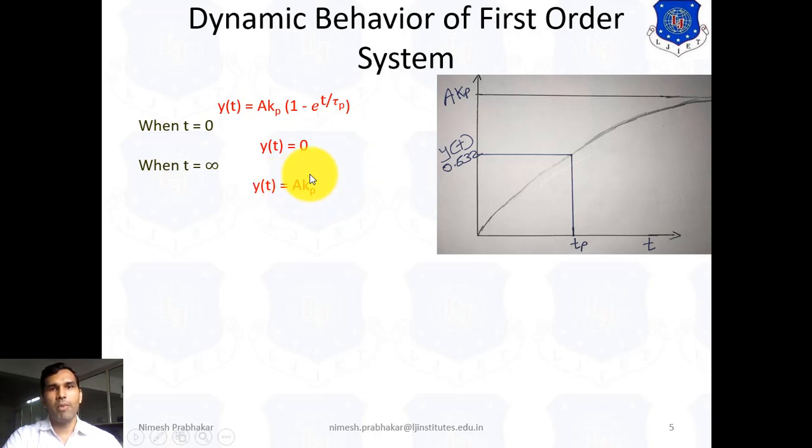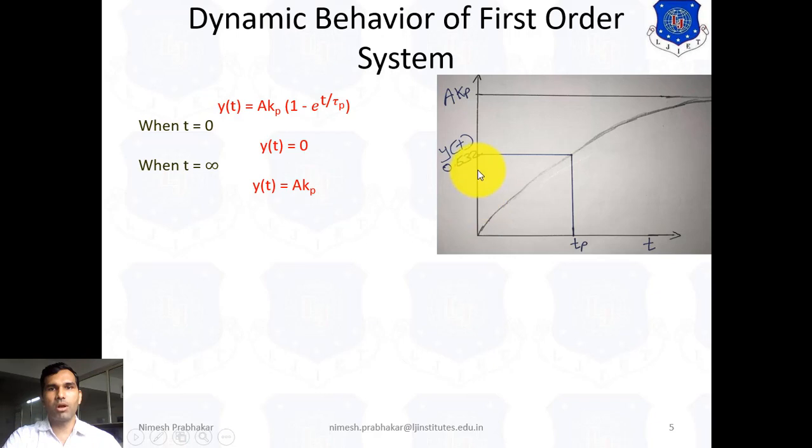That means the maximum value of this response is A K_p. The response starts from here, and the maximum value of the response is here.